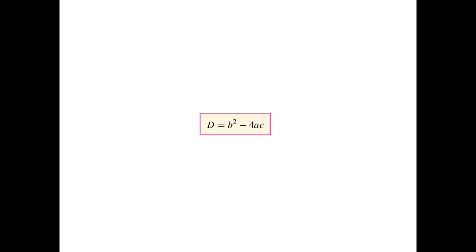It was what was inside the radical. That was the discriminant. If b squared minus 4ac inside the square root was positive, then you have real numbers. If it was negative, you had complex roots. If that was a perfect square, you had rational roots. If it wasn't a perfect square, then you had irrational roots.